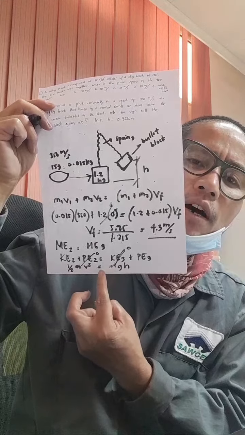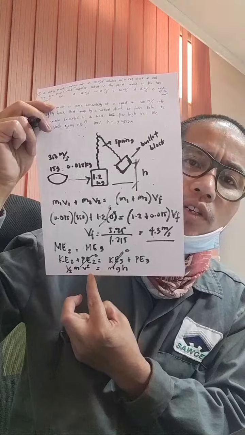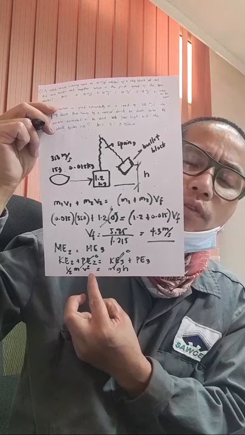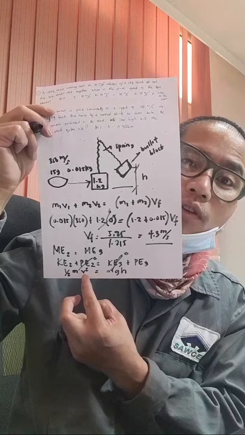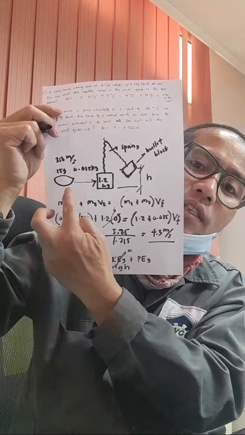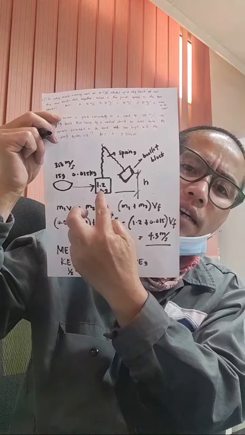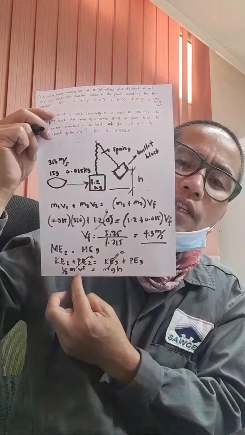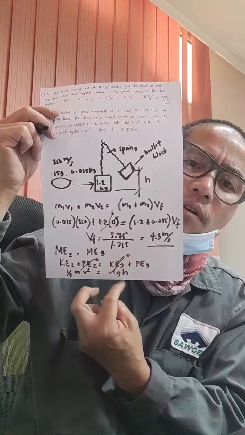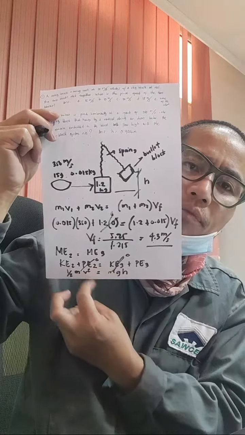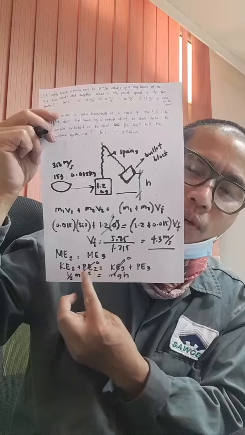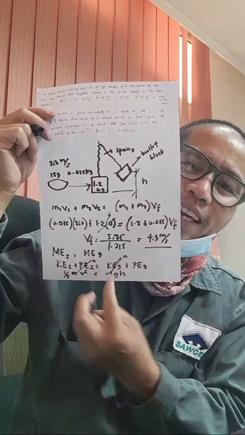Mass and m are cancelable, or it's up to you if you will substitute values, but take note the values will be the mass of the bullet and the mass of this block. But since the formula is cancelable, you should cancel m. It's up to you then.